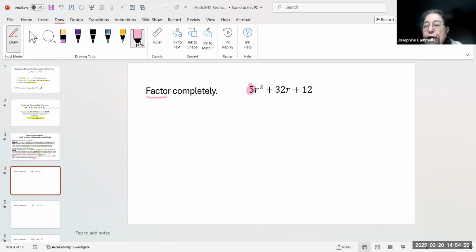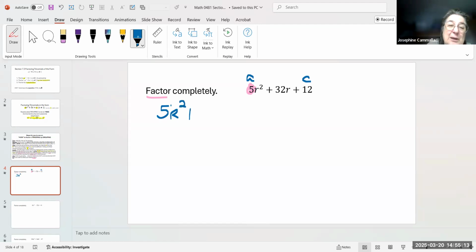No. So that means that that 5 is going to be part of our A term, and our 12 is our C term. Well, this is going to now give me 5r squared plus blank, circle blank, plus 12.